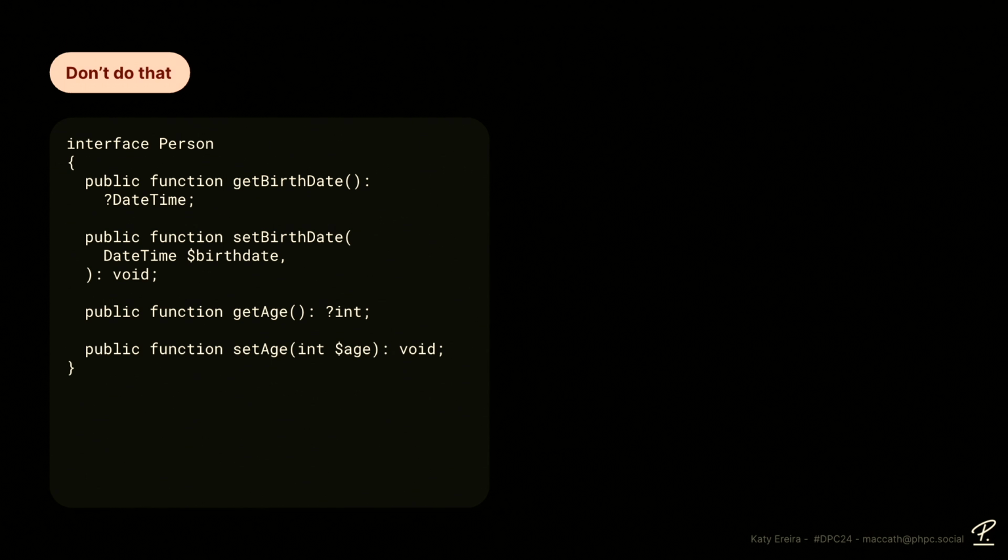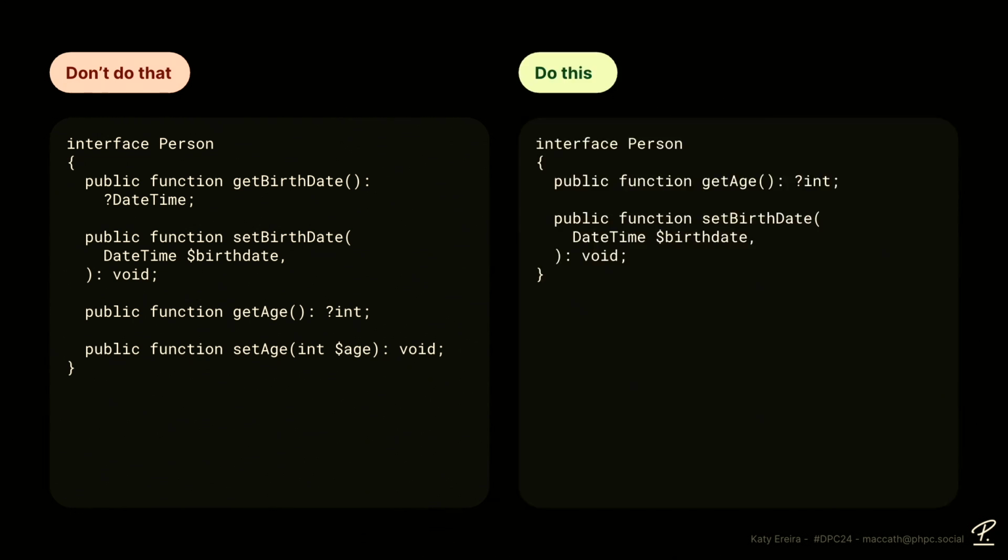This is what I was saying earlier. If something can be changed, think about why and how things change. You can set a birth date, but when you set a birth date, the age should be derived from that birth date. We shouldn't be able to set them separately. So we can't get an invalid person if we just have two methods.